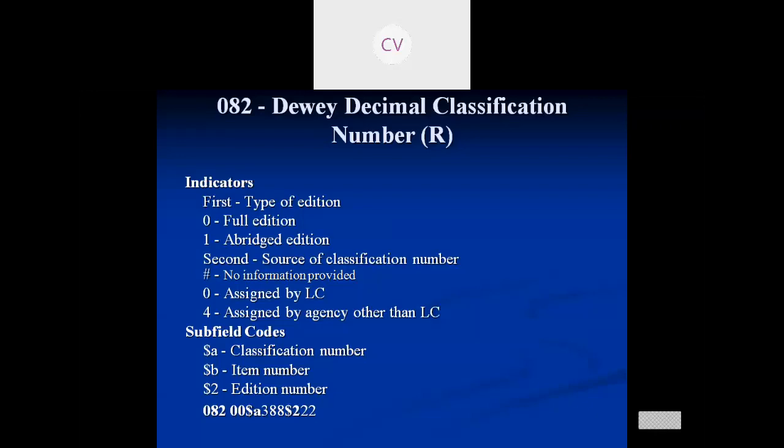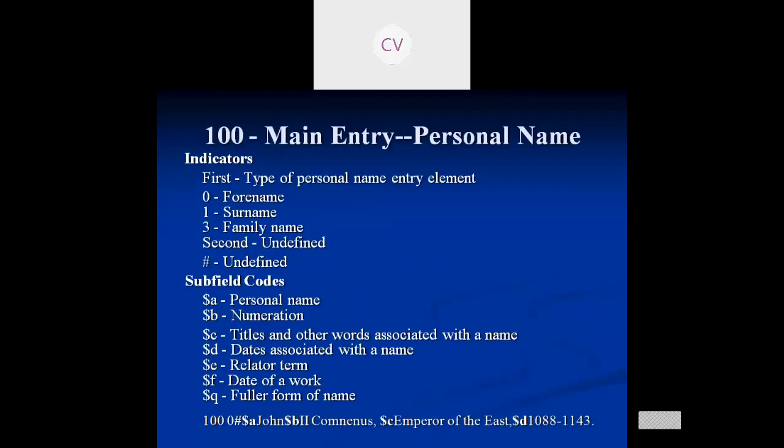I don't have a 082, I mean, Dewey decimal classification key. So in this case, 082 may be an optional field. Okay, it cannot be a mandatory field. Am I clear? Shall we proceed to the 1XX?